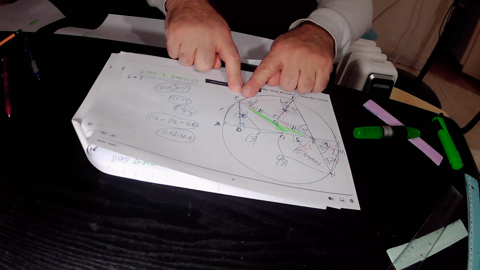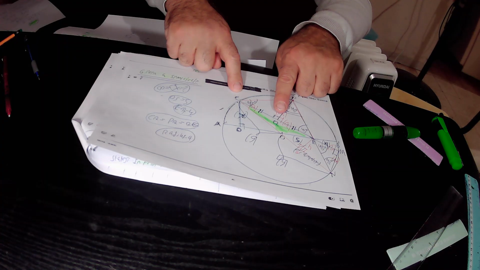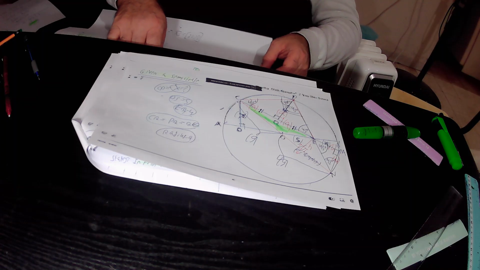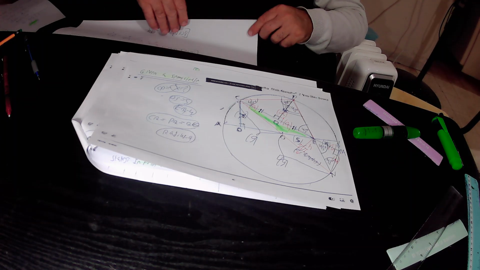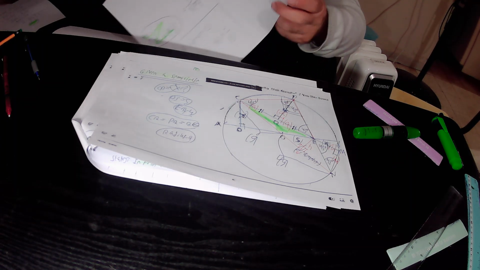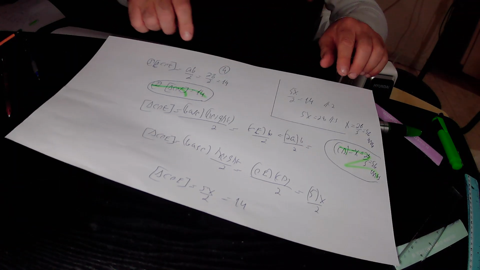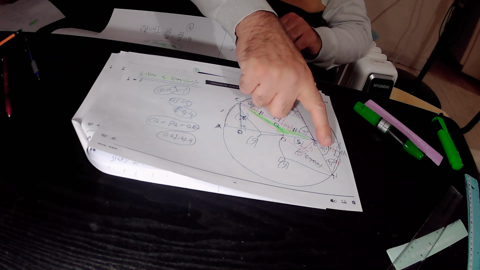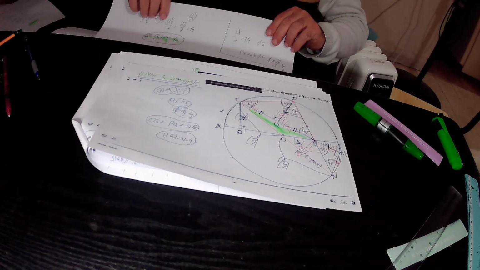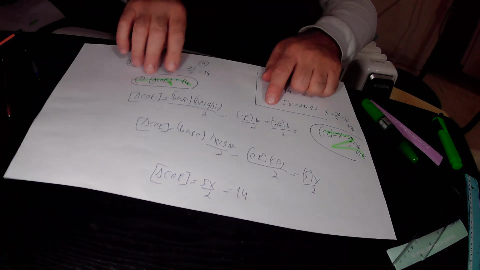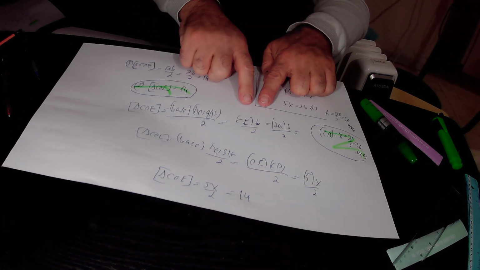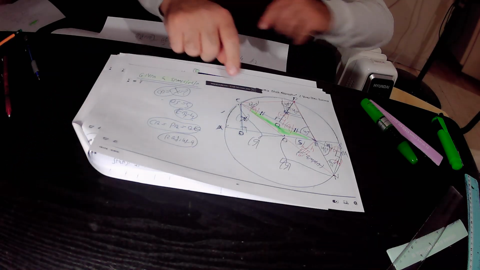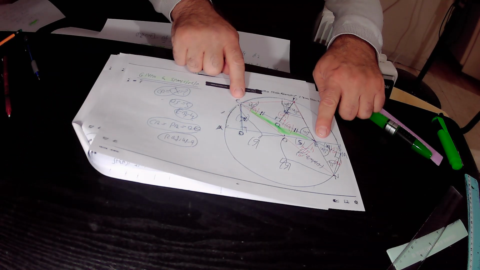So in total, the area of this triangle CEO equals the base CE times the height MN over 2. And again, the area of the green triangle CEO equals the base CE times the height B over 2, because MN equals B. CE equals A plus A, it is 2A.